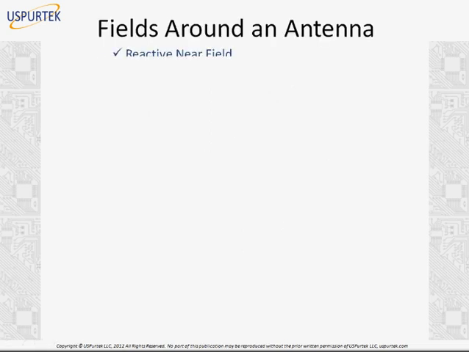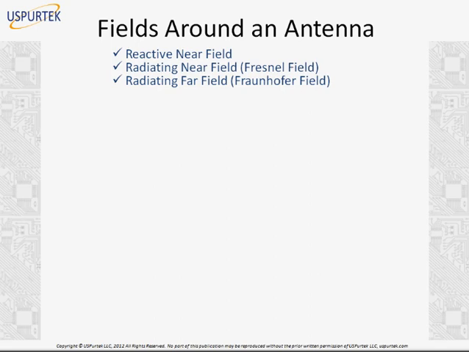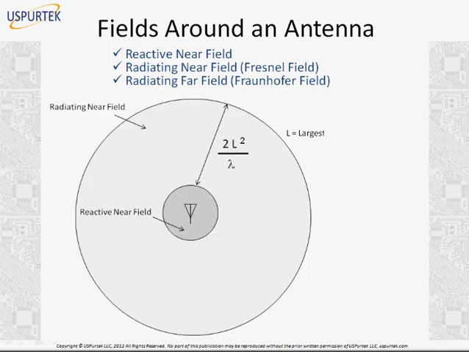Okay, so now let's move on to the fields around an antenna. What fields do we look at around an antenna? Any antenna system typically has three different regions. The closest to the antenna is the reactive near field. This reactive near field is similar to what you see in a power transformer, where if you place an element within this field, it will have induced electromagnetic current.